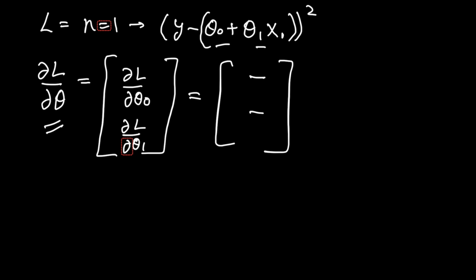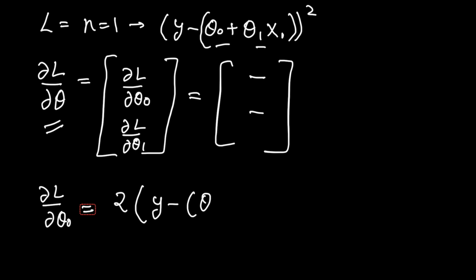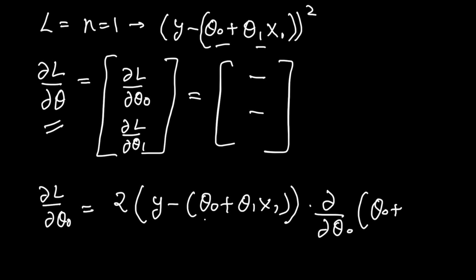Let's say it is del L over del theta naught, then what would it be? Well, it would be 2 times y minus theta naught plus theta 1 x1, times del over del theta naught of y minus theta naught plus theta 1 x1.